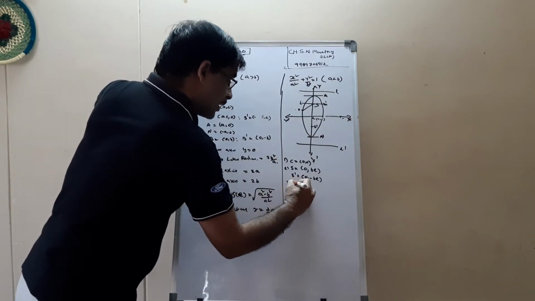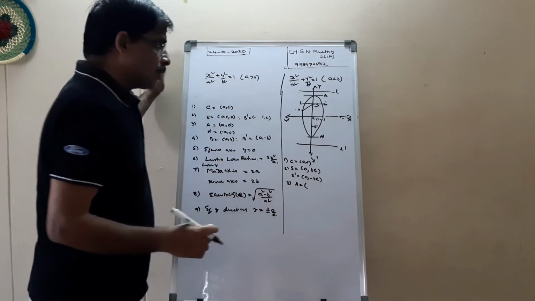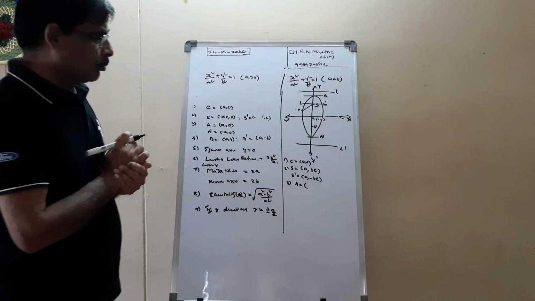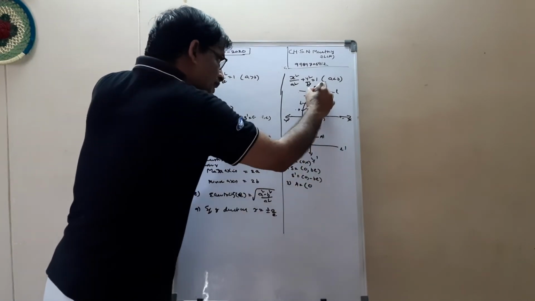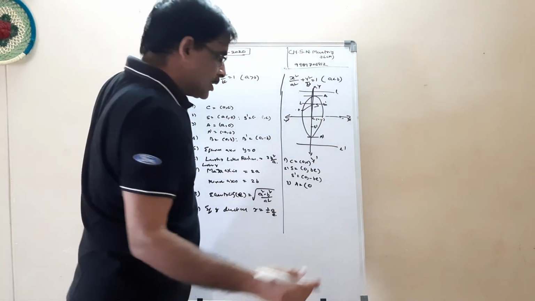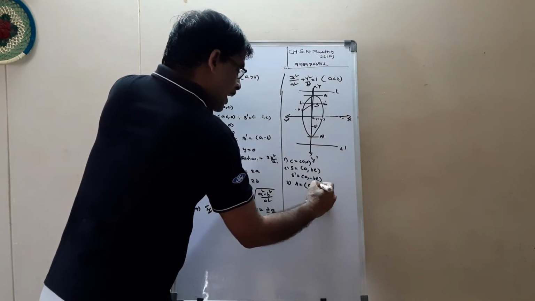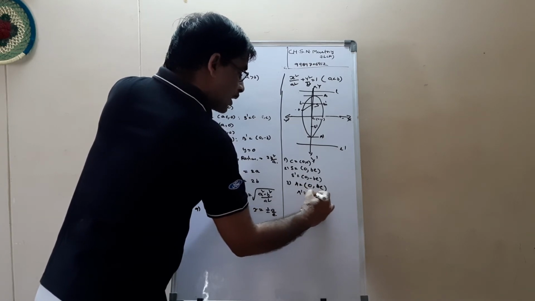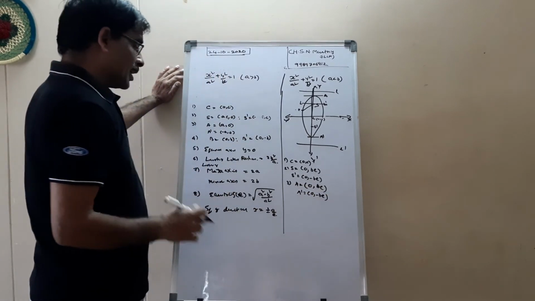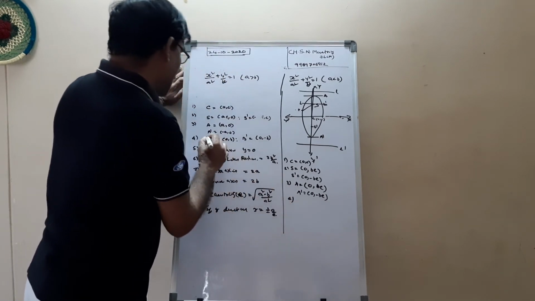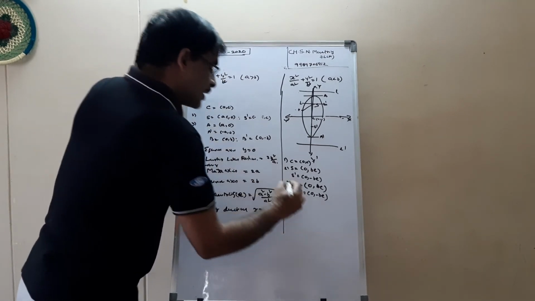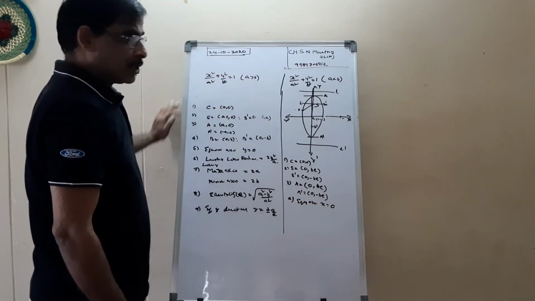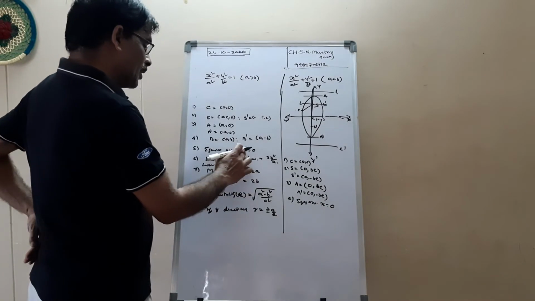What is the first coordinate here? 0. It means on the y axis the x coordinate is 0, and this is plus b, A dash equal to 0, minus b. Next, the equation of the axis, that is x equal to 0, here y equal to 0.